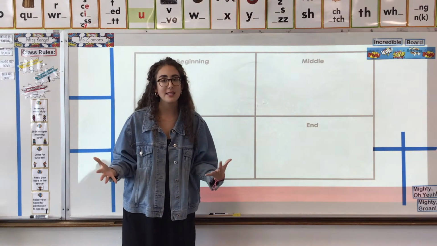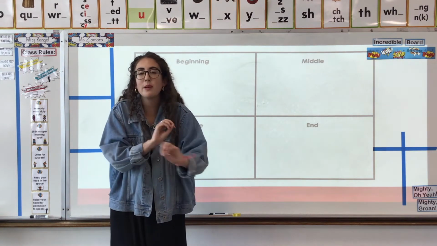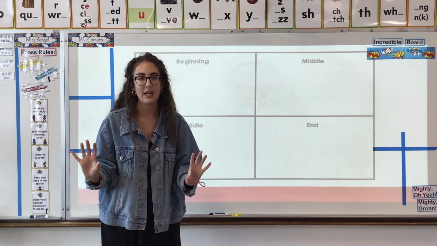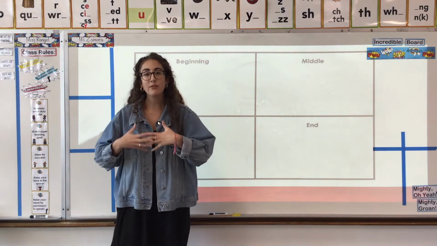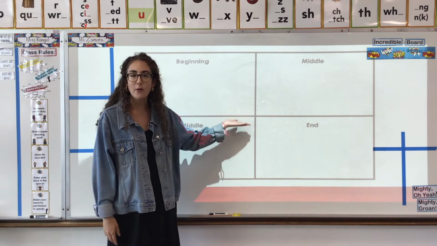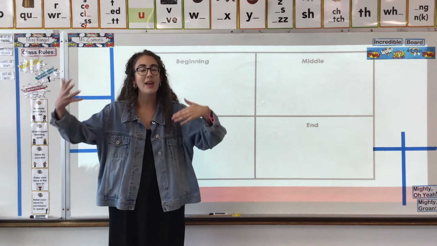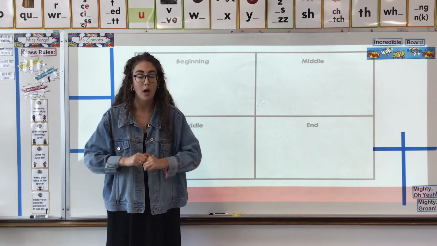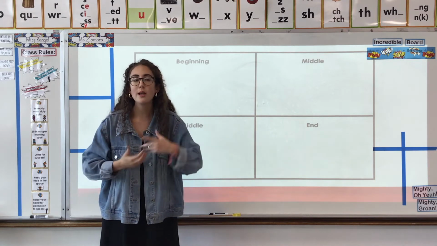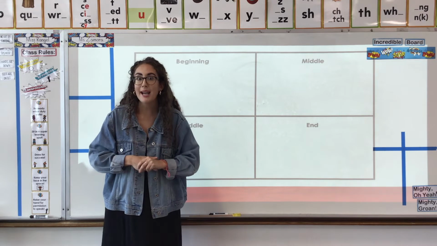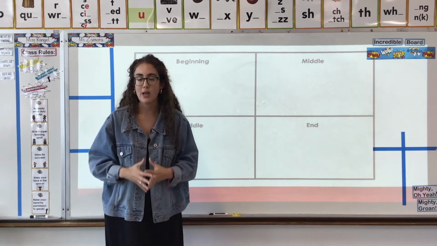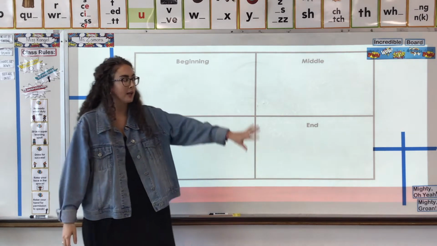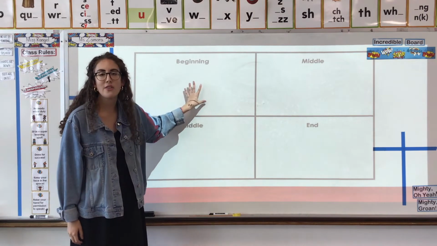And today, during this lesson, you are not going to be writing or drawing anything. This is just the time for me to show you how we're going to do this. At the end, then you can take your time to make an awesome storyboard. But right now, all you're doing is watching me create my storyboard for taking my driver's test. Okay, so we're first going to start with the beginning.